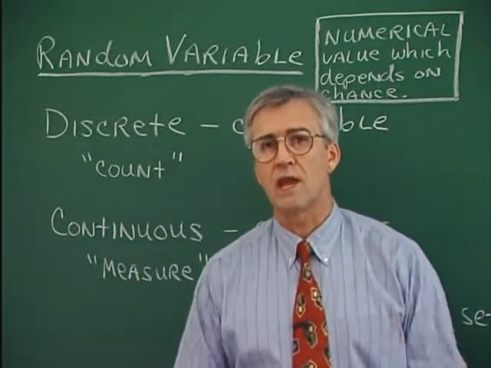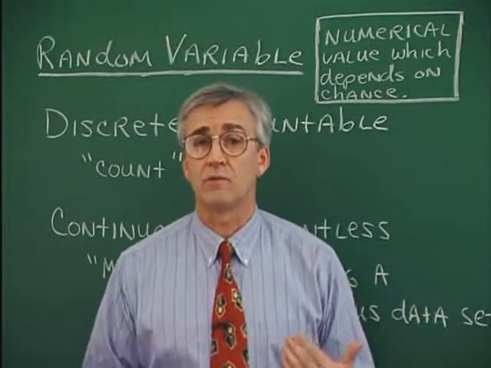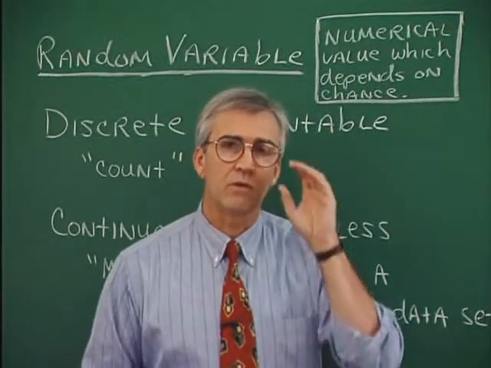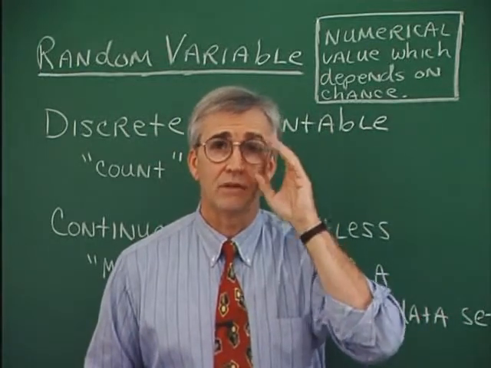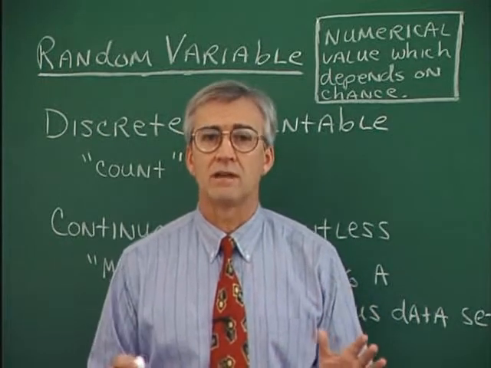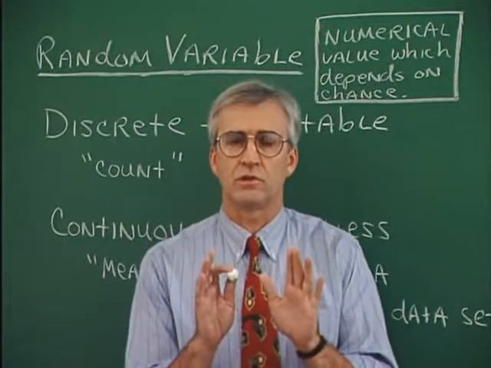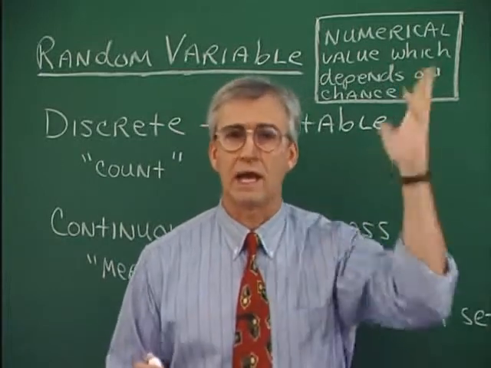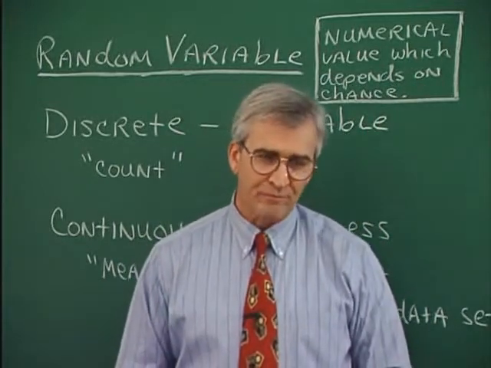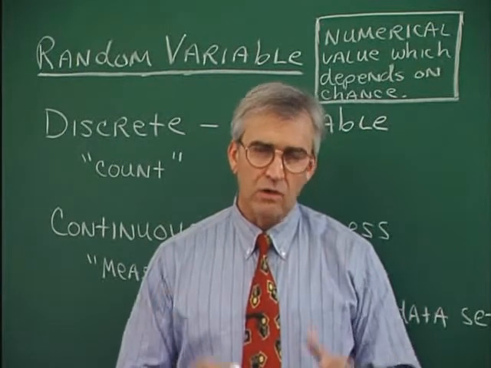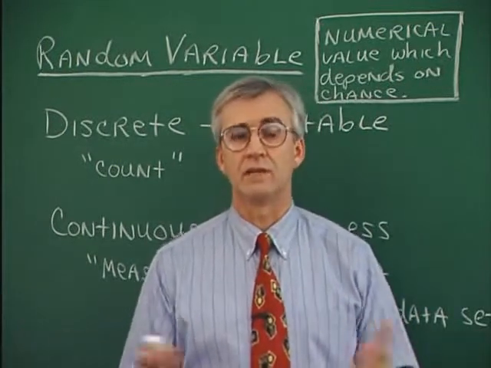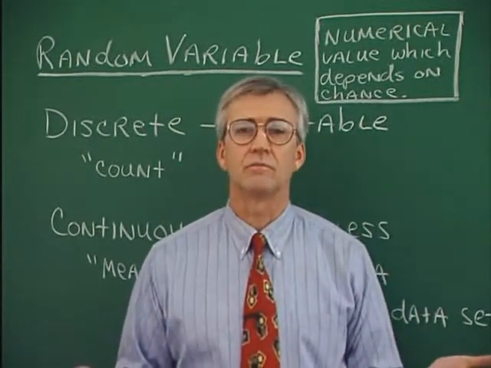Now, some examples of discrete random variables might be something like this. Suppose we're thinking about choosing a person at random and determining the number of hairs on their head. Although there are quite a number of them, it is a countable number of hairs on people's heads.